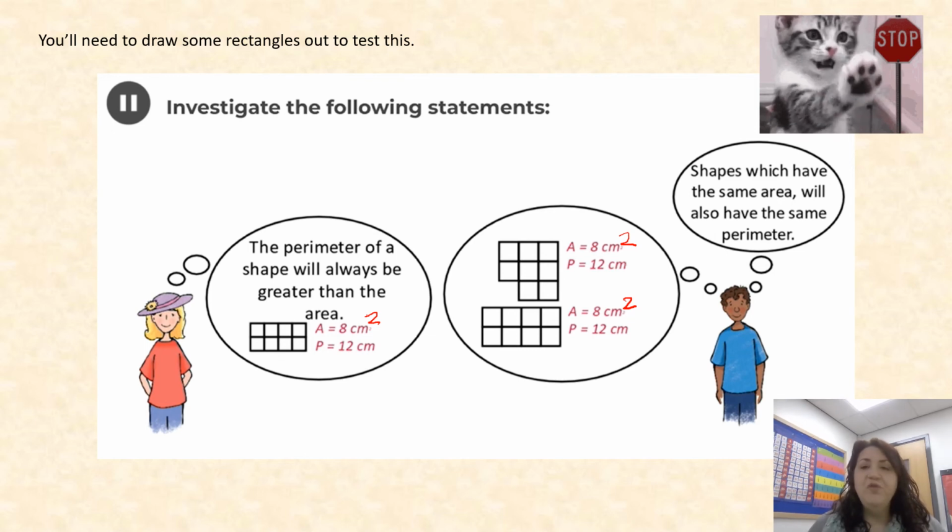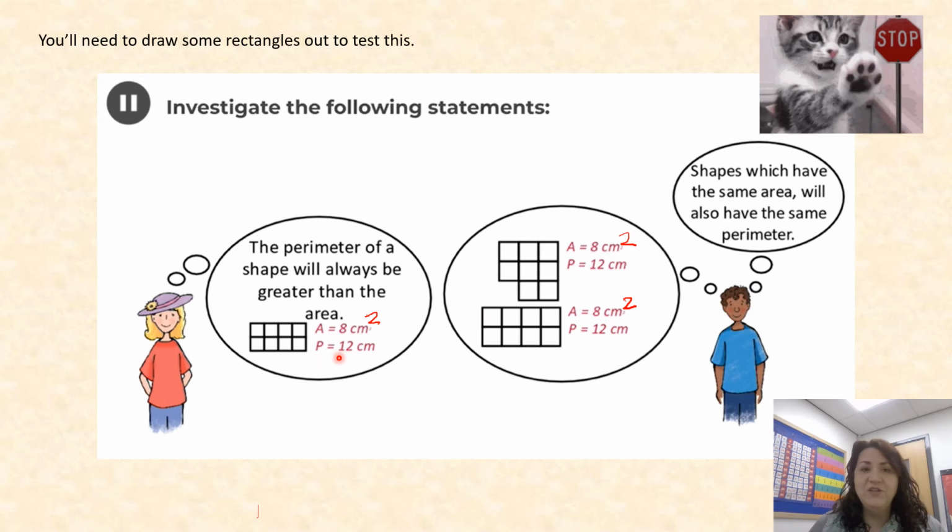Okay, you've got to investigate both those statements. And the way to do that is by what is written up here. You'll need to draw some rectangles out to test this. And all you need to do is to find one rectangle maybe that doesn't follow that rule, and you have disproved it. So see if you can find just one rectangle or one rectilinear shape, in this guy's case, that doesn't follow the rule.